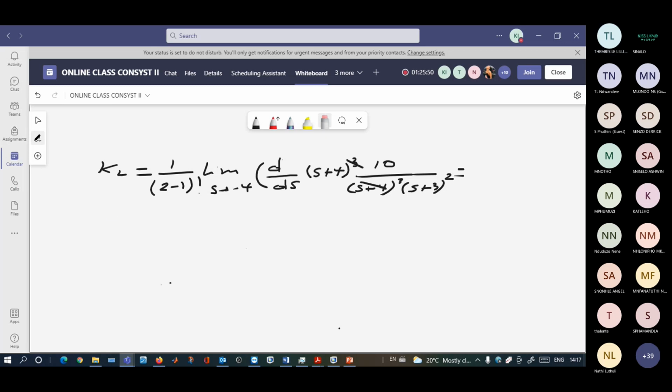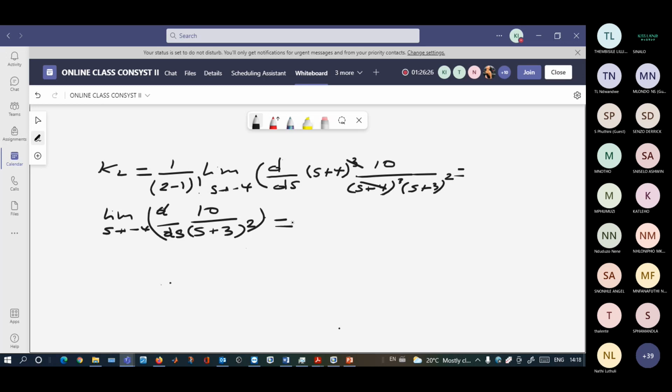I'm gonna have limits, because factorial of 1 is 1, limit s to minus 4 of d ds of 10 over s plus 3 squared.